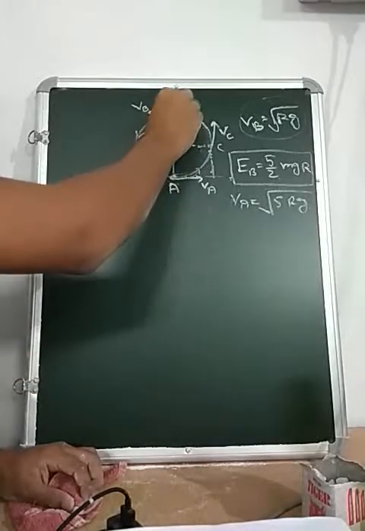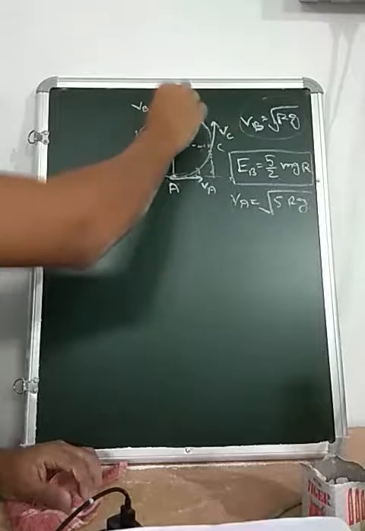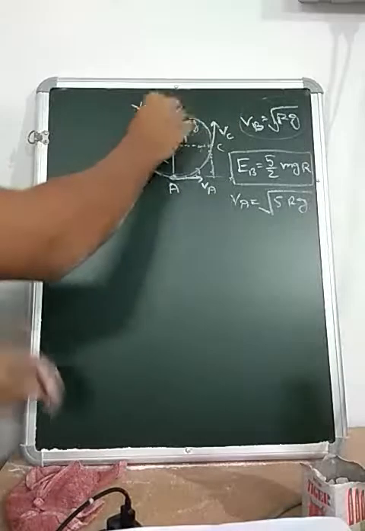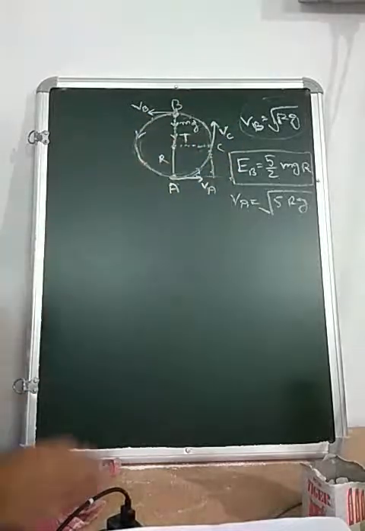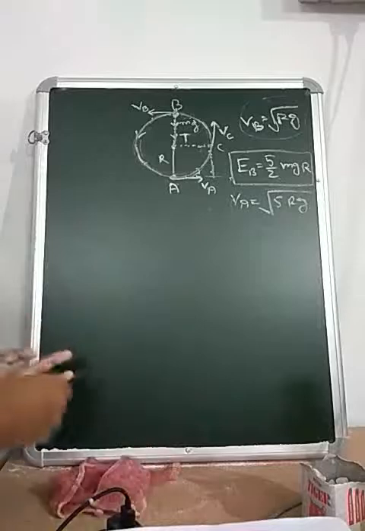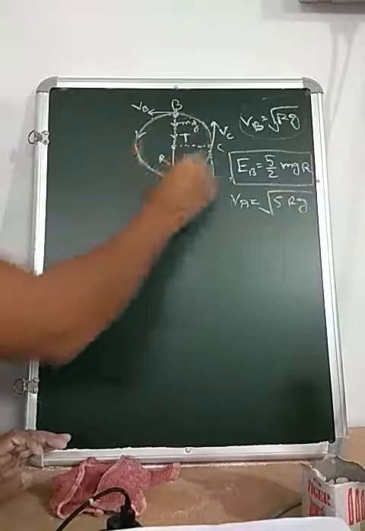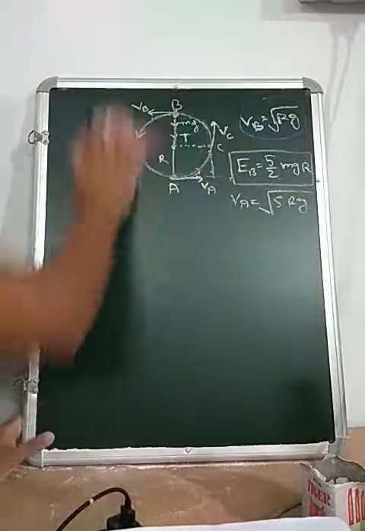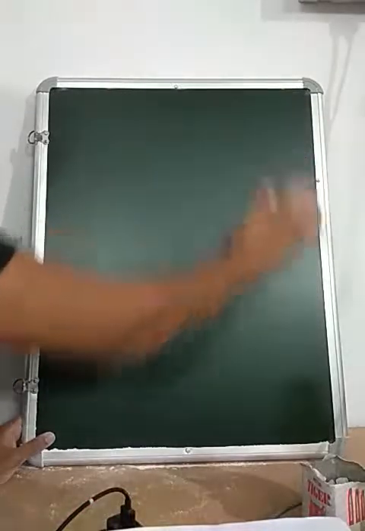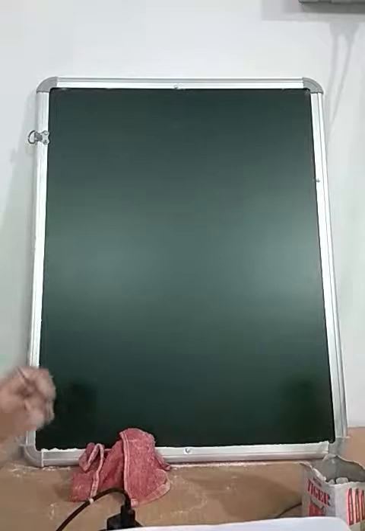If we know the total energy at any point, it will remain the same at every point during its circular path. So from that, we can easily calculate the velocity of the body at any position during this circular path. This is one application of conservation of energy.